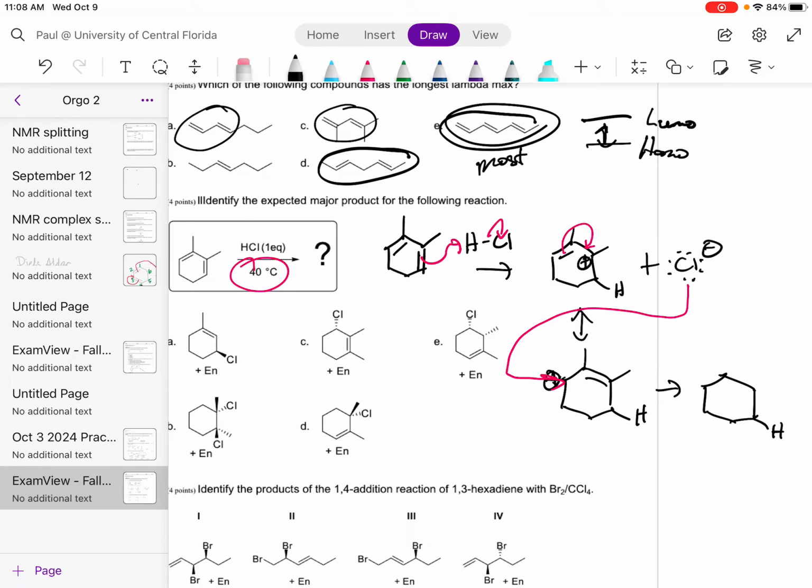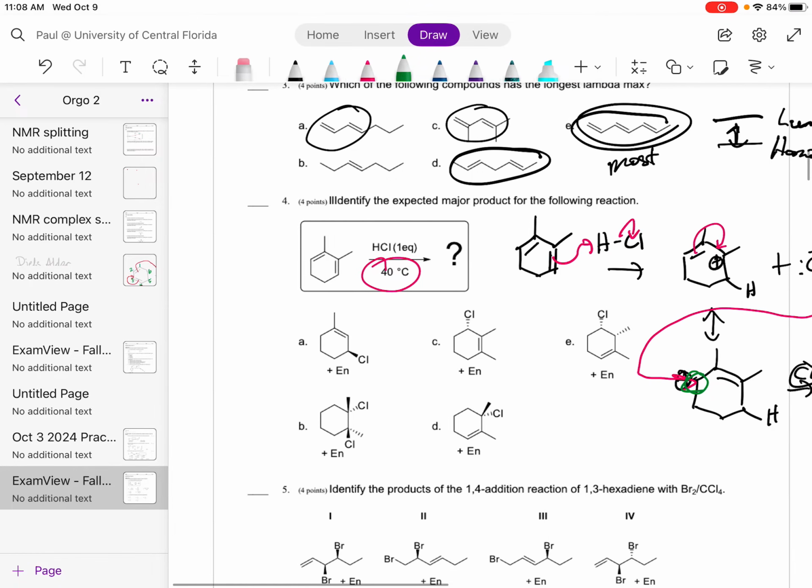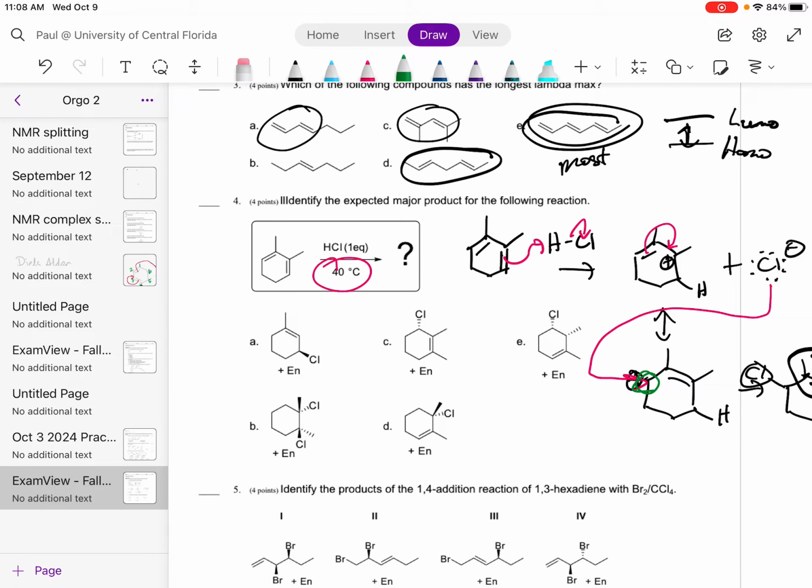We'll see the hydrogen was added there, and the chlorine was added here, and that's a 1,4 relationship. Plus, look at the product right there. That is a tetrasubstituted alkene, so it's very, very stable. But one thing you need to be aware of is when this chloride attacks that carbocation, it can attack from the top face or the bottom face, giving us a mixture here. And so that's going to give us answer C.